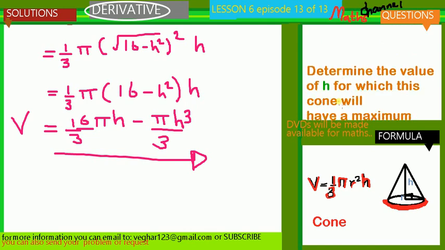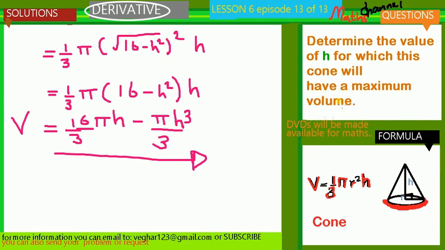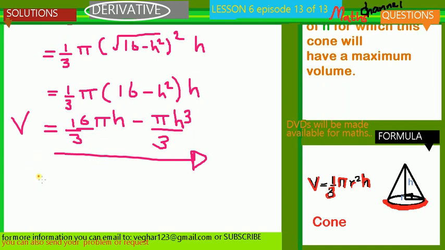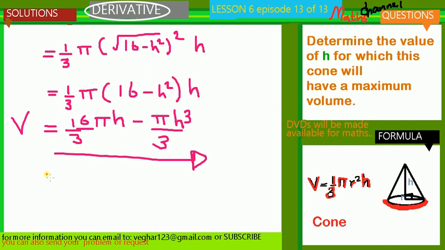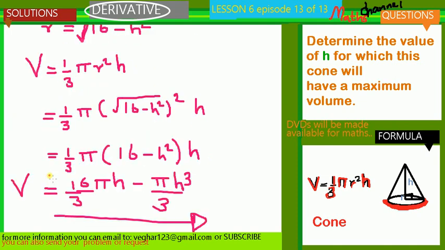Determine the value of h for which the cone will have a maximum volume. So maximum, minimum, you have to differentiate. You have to differentiate if you're asking about the maximum or minimum.